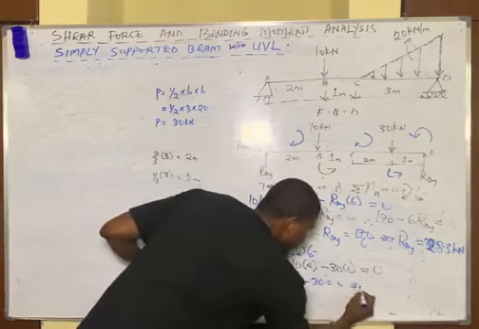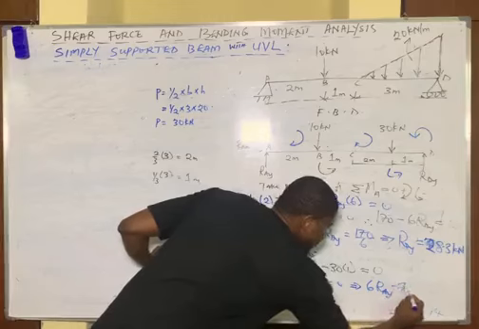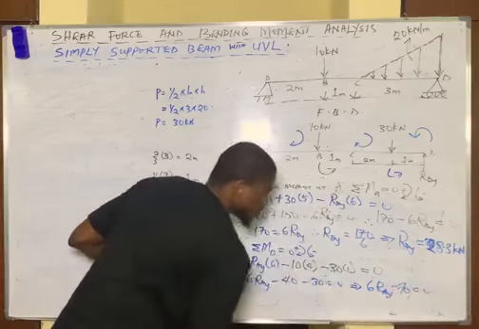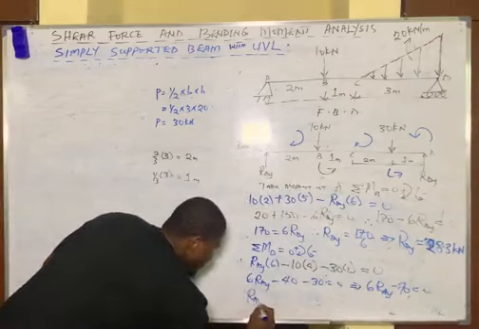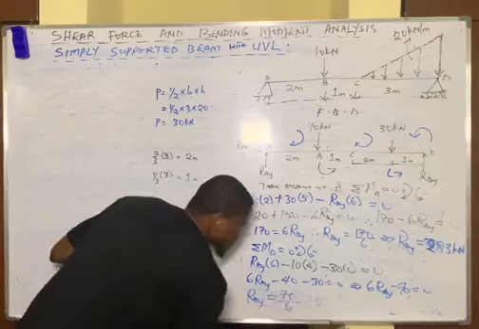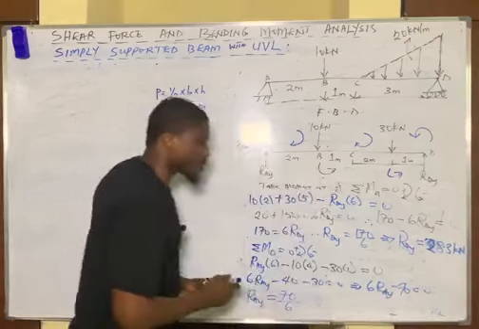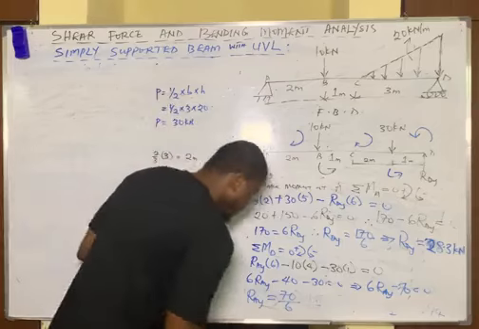So this simply implies that 6RAY minus 70 is actually equal to 0. Let's say negative 70 over there. You have RAY is going to be equal to 70, right? Because negative 70 crosses the equal sign and becomes positive. Then divide both sides by the coefficient of RAY. You simply have 70 divided by 6.